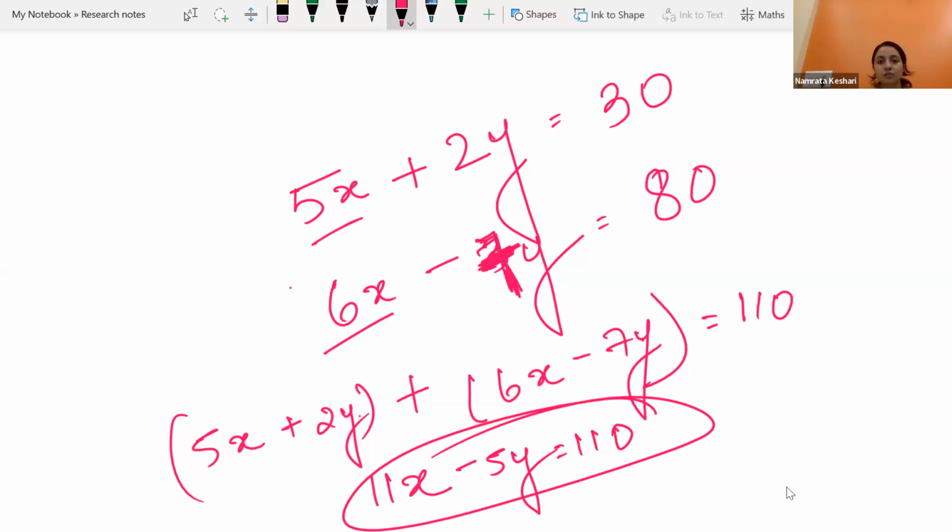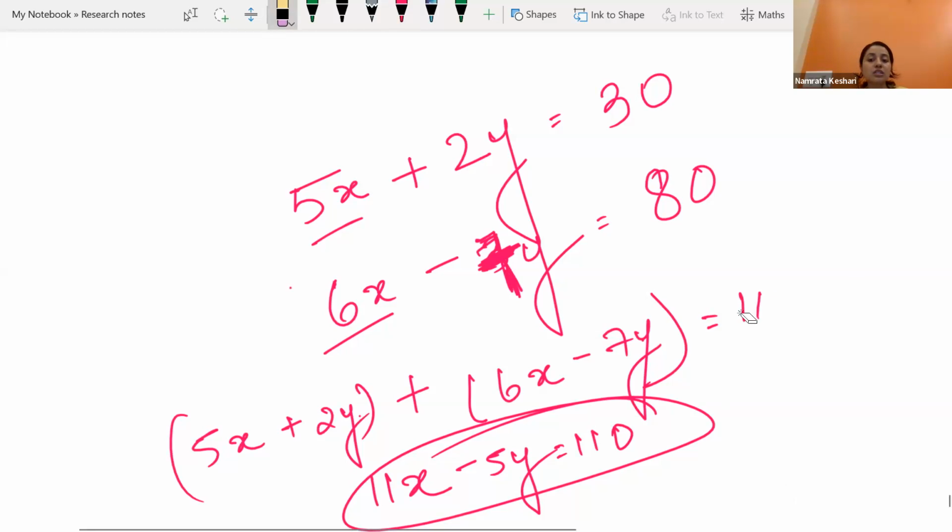Please don't add or subtract now, because elimination means you want to eliminate one of the variables, either x or y. How will you be able to eliminate them? First thing first, you have to make the coefficients the same. In all the previous examples, one of the coefficients, or maybe both, were already the same, but here nothing is the same.